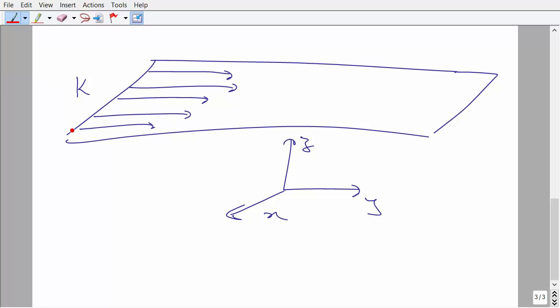The idea is that it's infinitesimally thick in the z direction, but we have current flowing in this sheet, and furthermore that current can be a function of position. And I've labelled that current as K, which is the two-dimensional analogue, if you like, of the current density J. K has the units amps per meter.